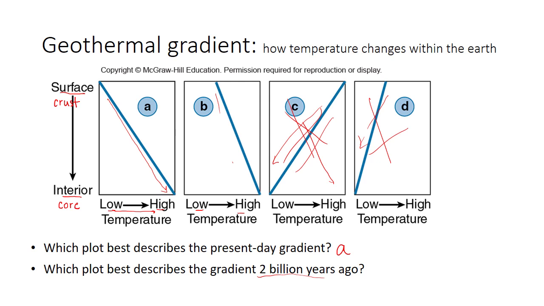So we still have a lower temperature getting higher as you go into the center, but it's not as low 2 billion years ago as it is now. Okay, so that's why B is the best answer for this, because 2 billion years ago we expect the surface to be hotter than it is now, but still have this same trend of higher temperature as you go into the center of the Earth.